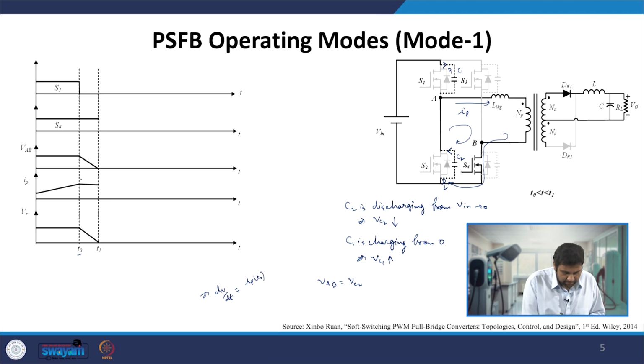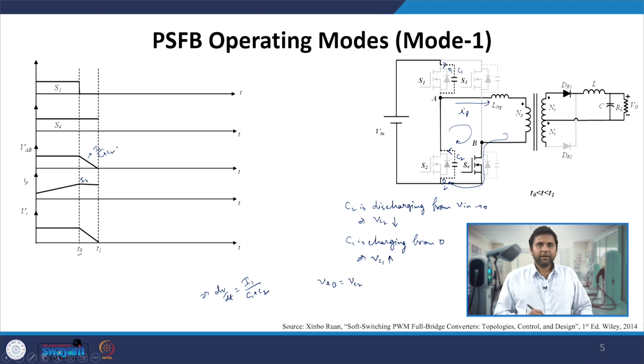Let us take this IP current to be I1. Because of both capacitances C1 plus C2, this slope is nothing but I1 by C1 plus C2.